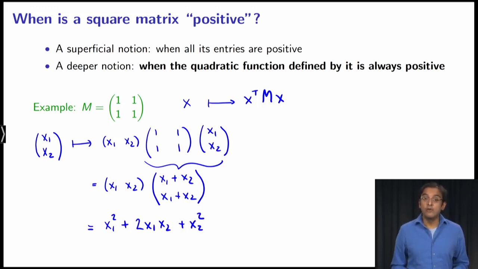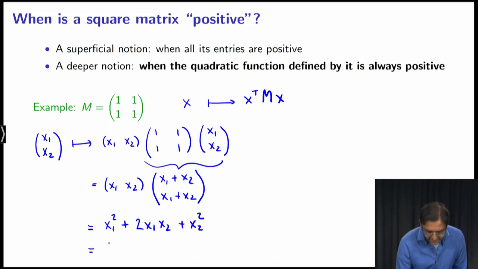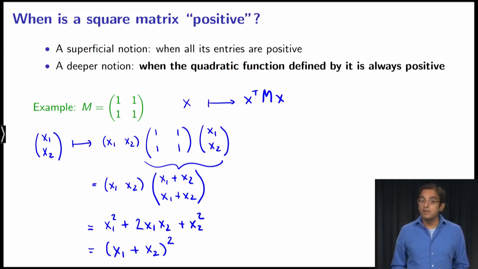This is the quadratic function defined by the matrix. Now if you look at that function, you can see that it can also be written like this, (x1 + x2) squared. And when you write it like that, it's a square, which means that it always has to be greater than or equal to 0, no matter what x you plug in.